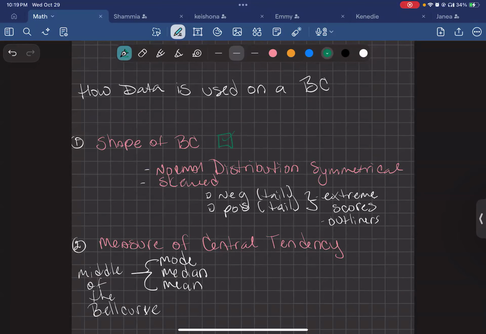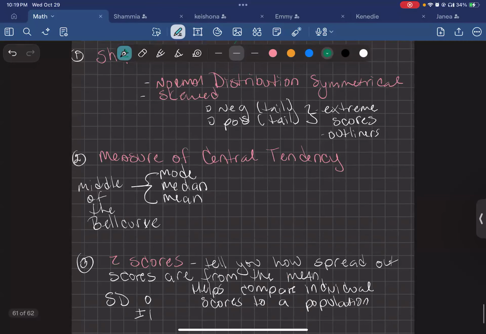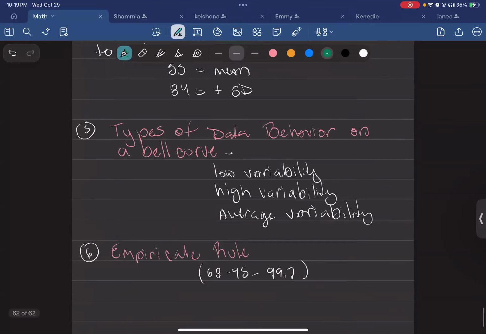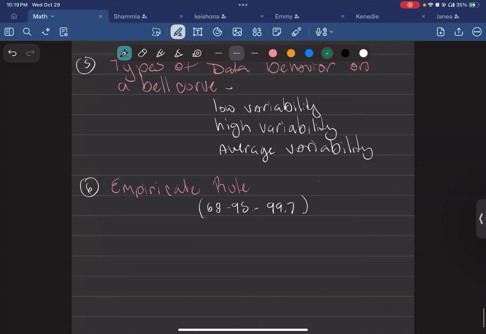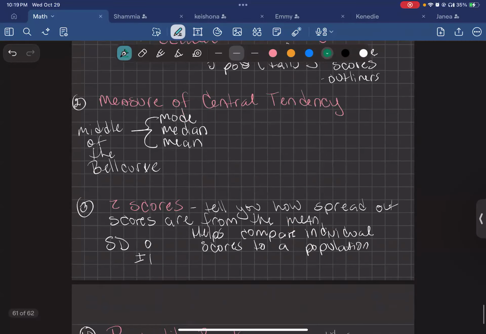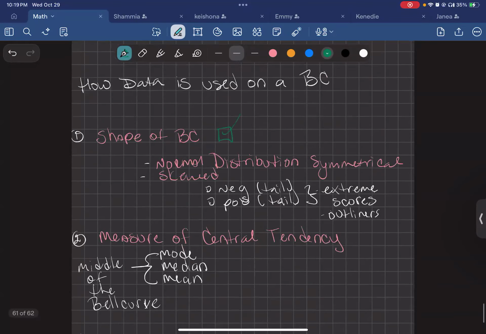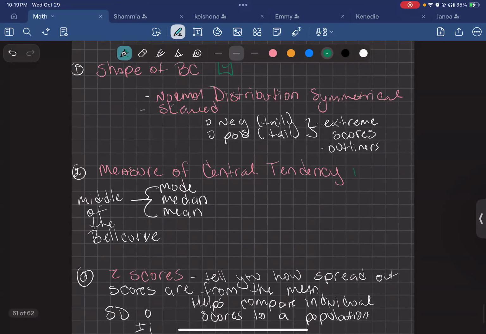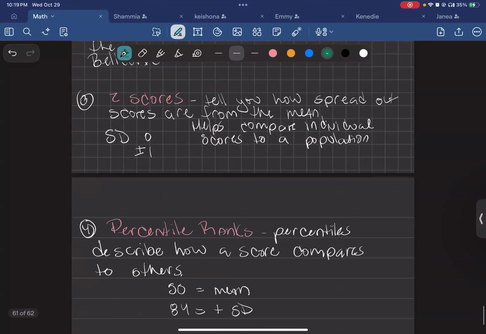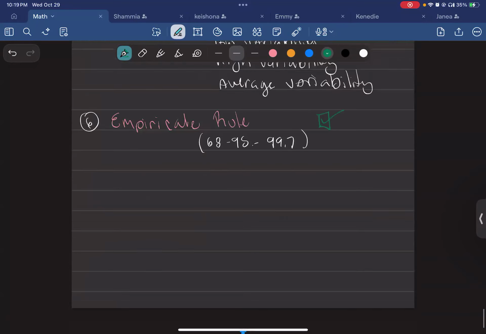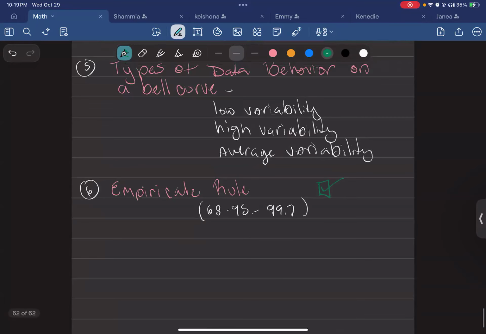So we have checked this box off, and we looked at the empirical rule. The next one that I would like to go over will be number 2, which will be measures of central tendency. So that is what we will talk about next.